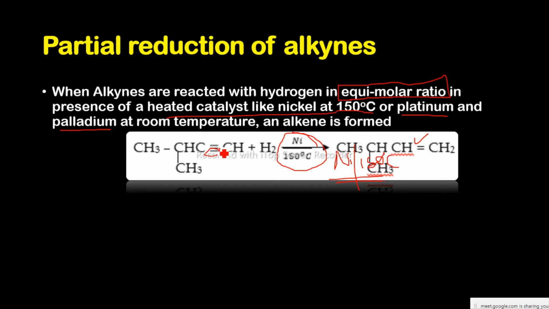So if I'm the boss and you are the industrial chemist, and I tell you to synthesize an alkene from alkynes, and I see you using this, automatically I fire you. I fire you because you're going to produce a mixture of alkenes and alkanes.